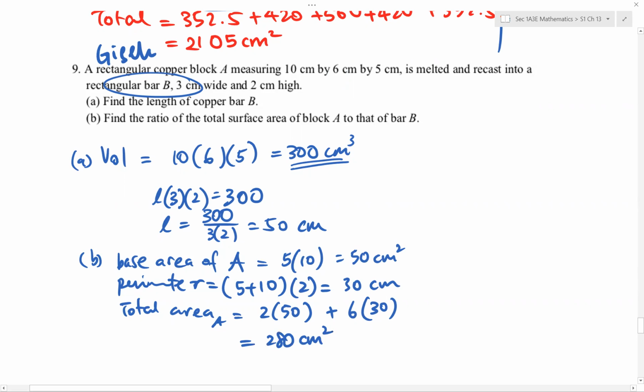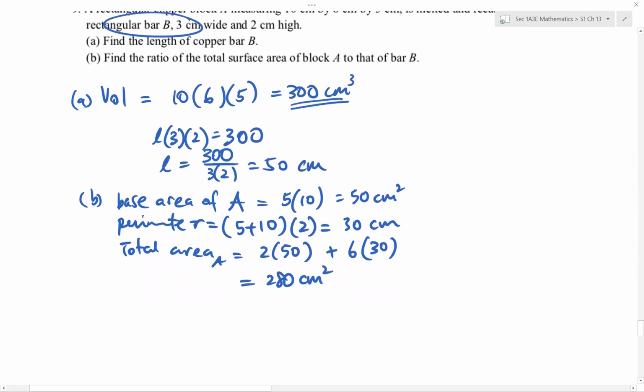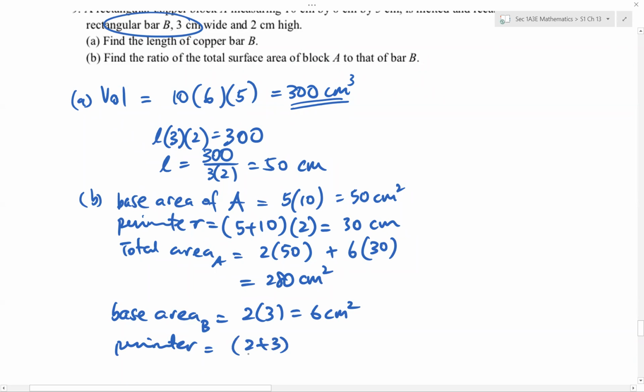Right? Okay, next. Base area B: 2 times 3. Okay, 6. 2 plus 3 times 2, so 10.